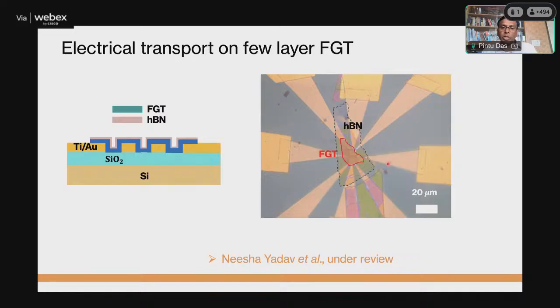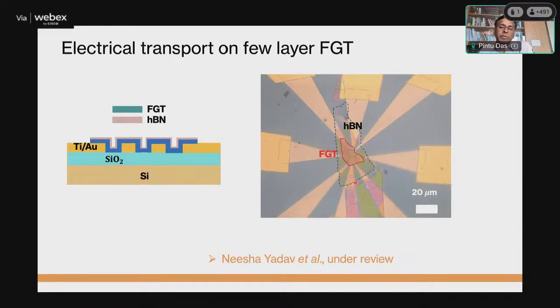On top of those electrodes, we have fabricated the iron germanium telluride, and on top of that we always encapsulate it with an inert material, hexagonal boron nitride, hBN. The hBN is on top so that the surface of the iron germanium telluride is not oxidized after fabrication, because oxidation may lead to changes in the magnetic behavior or other properties of the system.